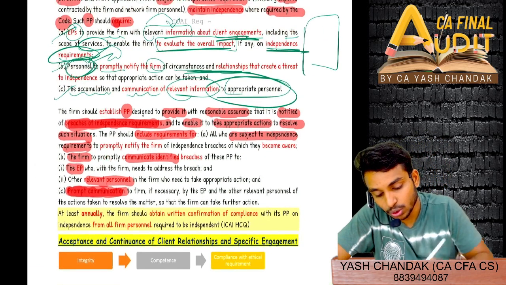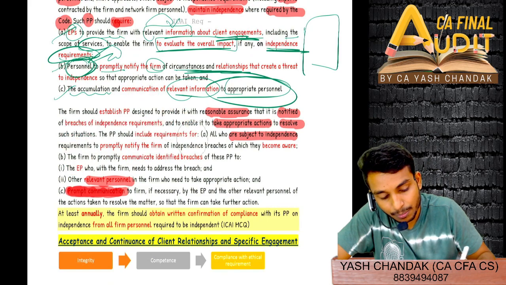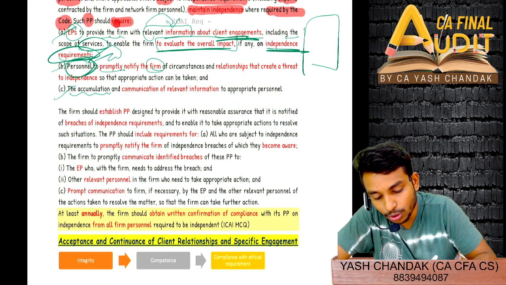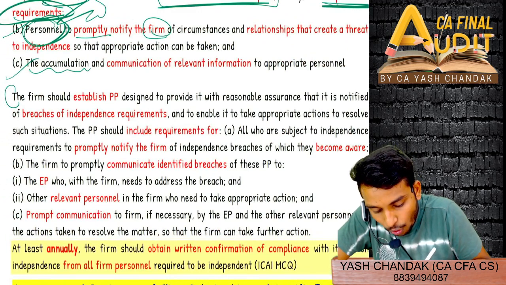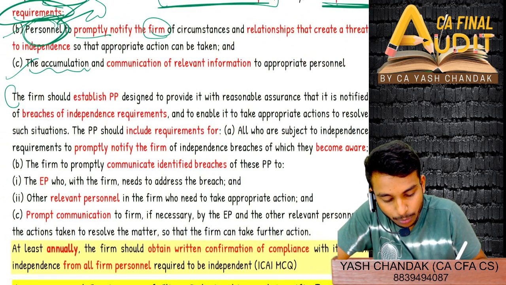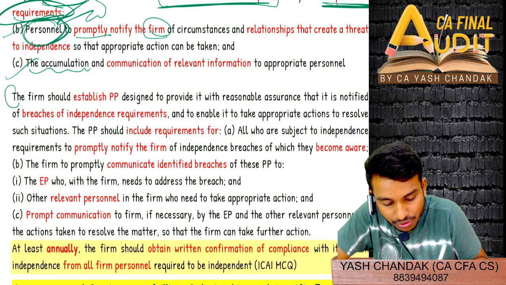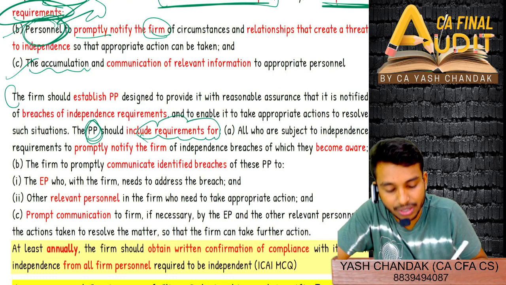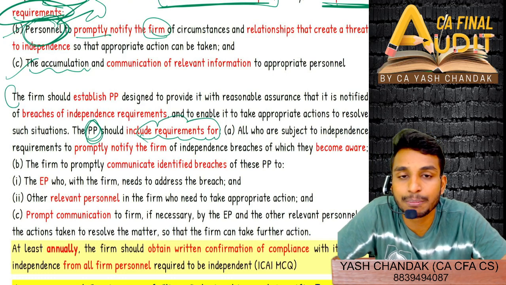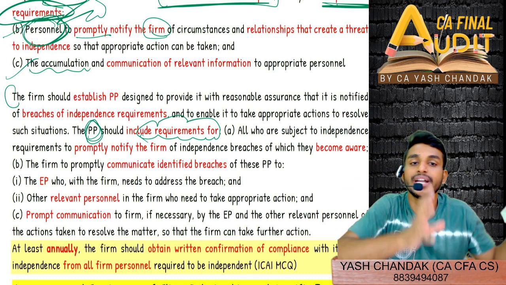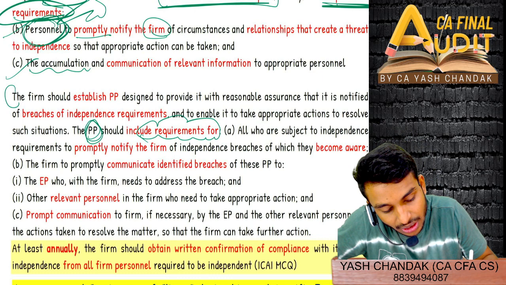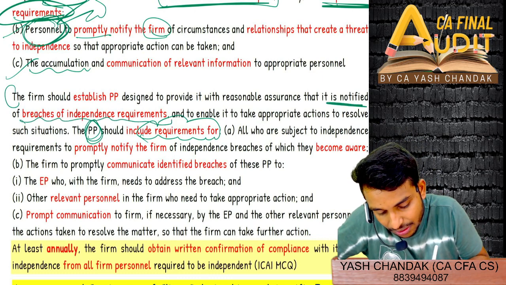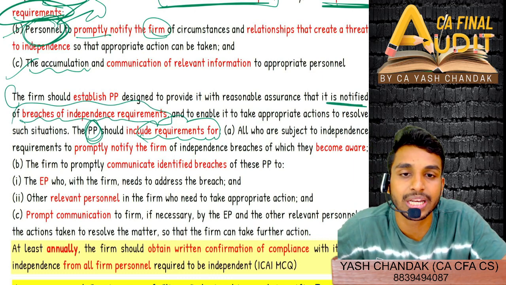So again, probably the question won't be from here, but if they want to ask, they will simply ask what all requirements should be included by your policies and procedures to adhere to the independence requirement as per SQC 1, or to identify any breach in the independence requirement.